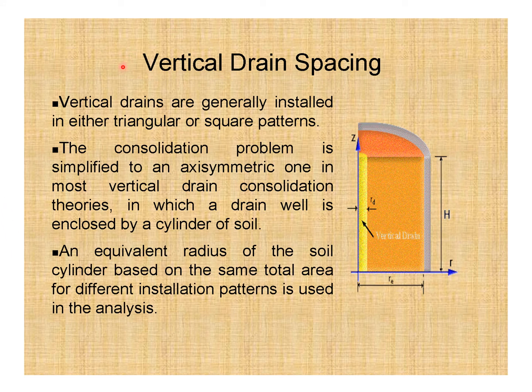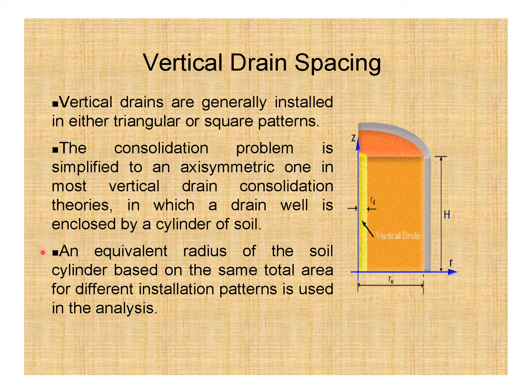Vertical drain spacing. Vertical drains are generally installed in either triangular or square pattern. The consolidation problem is simplified to an axisymmetric one in most vertical drain consolidation theories, in which a drain well is enclosed by a cylinder of soil.